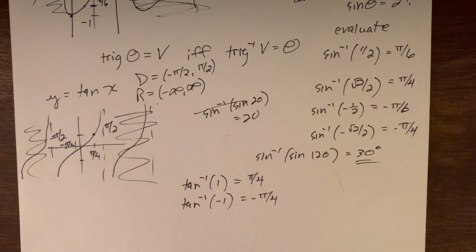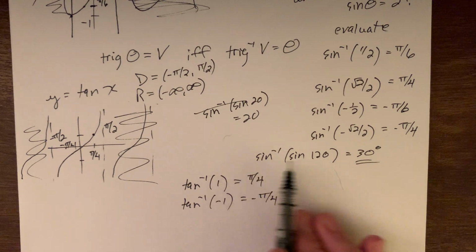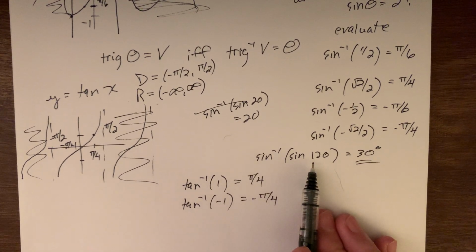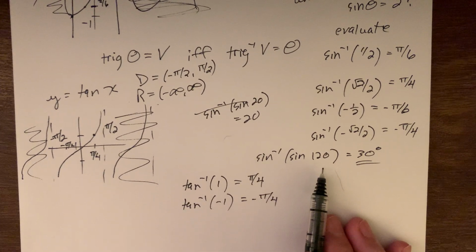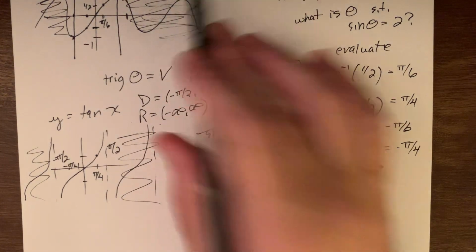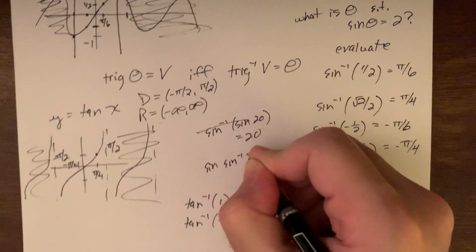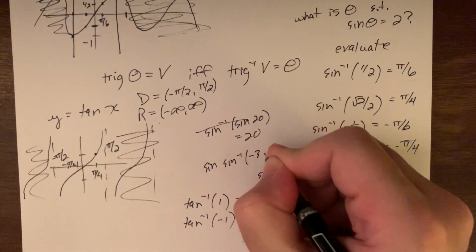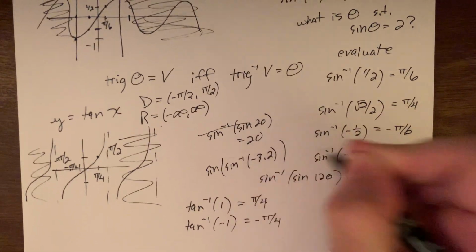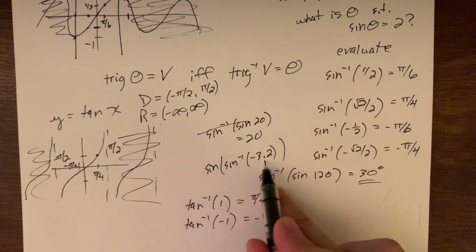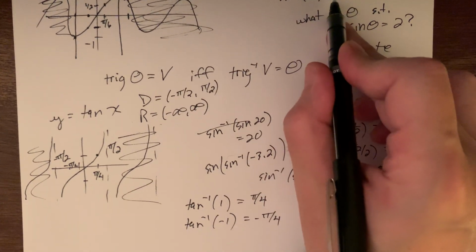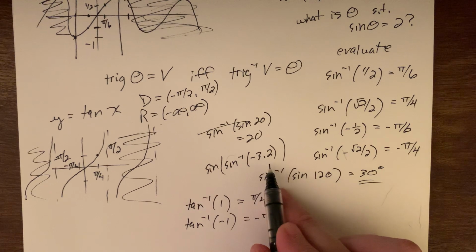But still, similar restrictions. I'm focusing on this restriction this way. If you go the other way, it's just about making sure you're in the proper range. So if I had sine of inverse sine of negative 3.2, that's garbage. This doesn't make any sense, just like this didn't make any sense, so you can't keep going.